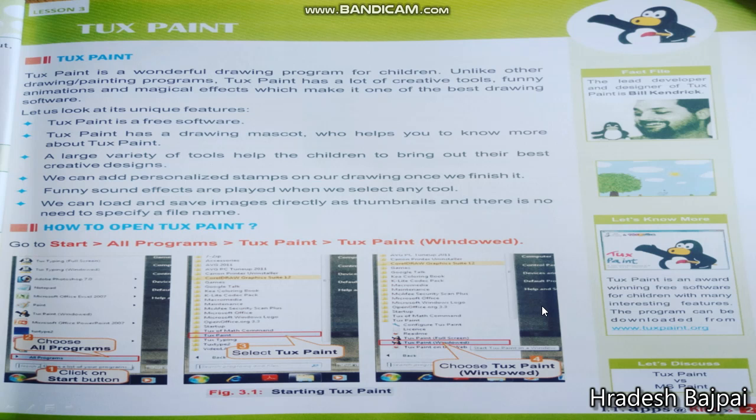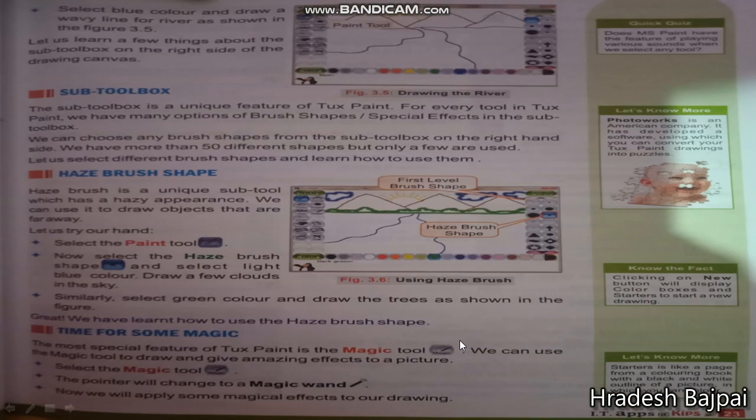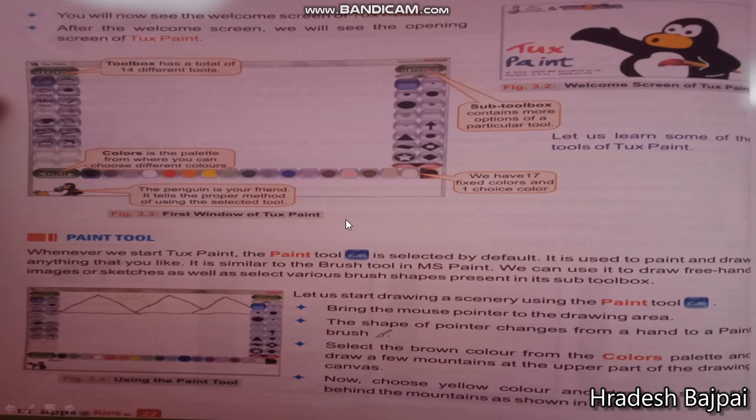Then I explained to you some features of TuxPaint, like the paint tool. Whenever we start TuxPaint, the paint tool is selected by default. Means the paint option is already selected in TuxPaint, you do not need to click on it separately. It is used to paint and draw anything that you like. Whatever you want to draw, with the help of this paint tool we can draw.